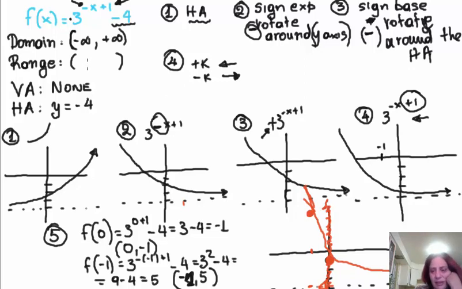So my range is going to be from negative 4, parenthesis here because negative 4 is the horizontal asymptote, to positive infinity. And I'm done with this graph.